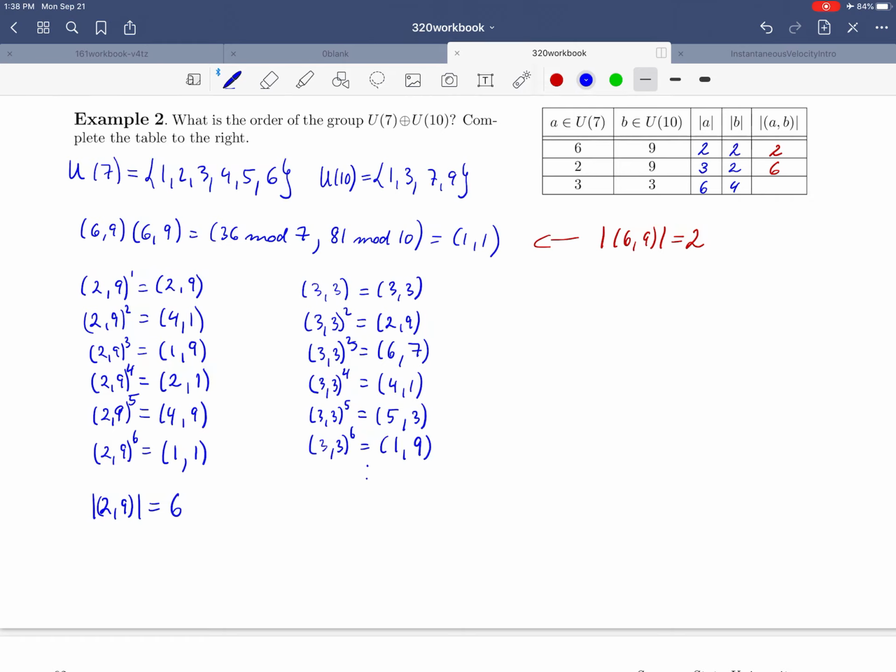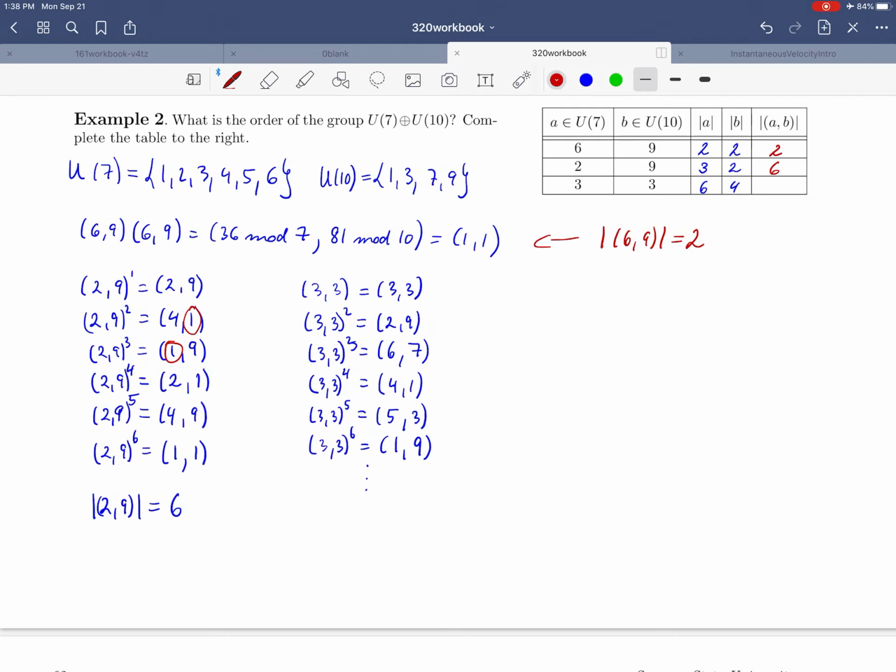This is getting a little bit old, so could we maybe predict what this is going to be? Let's look at the pattern that we found when we computed powers of 2, 9. How long did it take us to get 1s? Well, for the second entry, we got 1 almost right away. So 9 squared was 1. But unfortunately, 2 squared wasn't. But 2 cubed was 1.